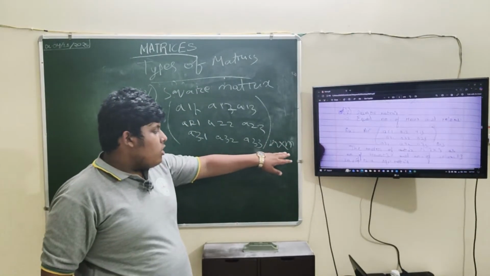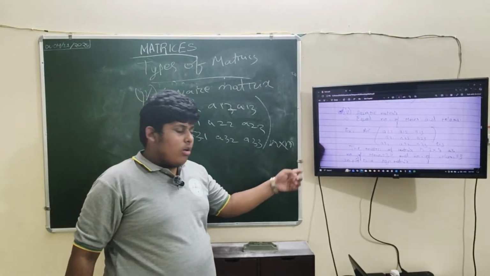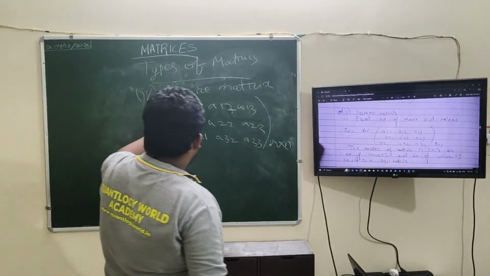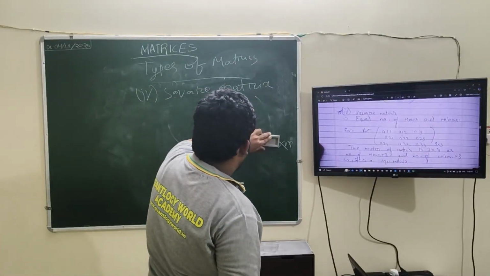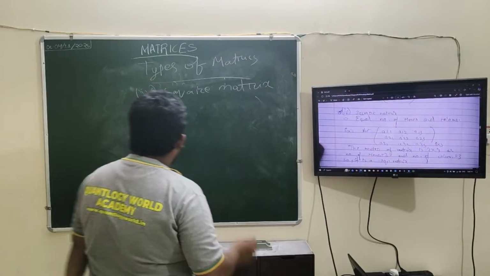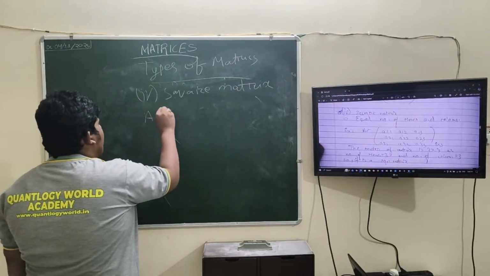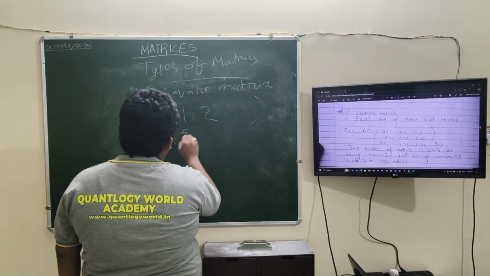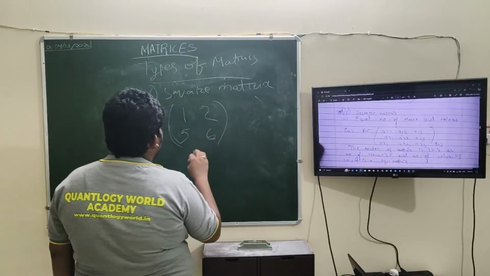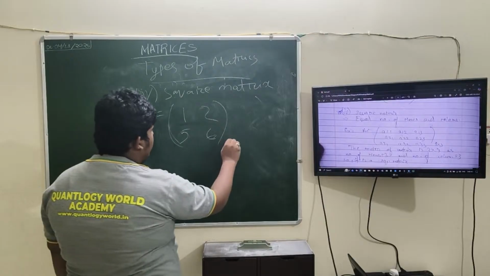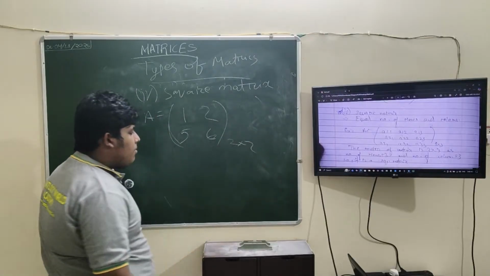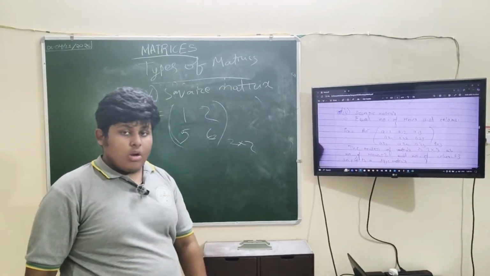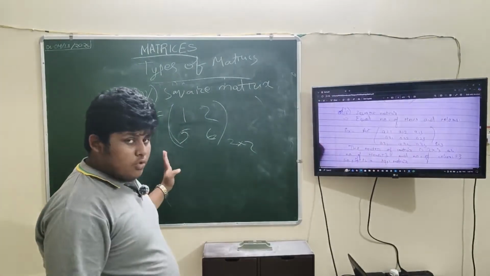Means in the order n cross m, n should be equal to m. Let's take an example of a 2 cross 2 matrix: 1 2 5 6. Here the number of rows is 2 and the number of columns is also 2. So the order is 2 cross 2, the number of rows and columns are equal. So we can say this matrix is a square matrix.